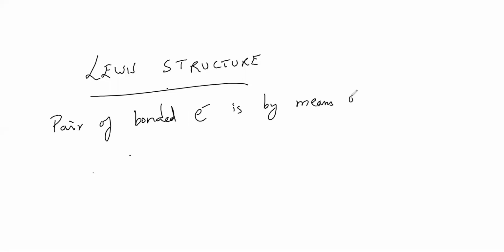I'm writing down everything so that it will be imprinted in your brain. The dash is the bond symbol. This is called a bond.